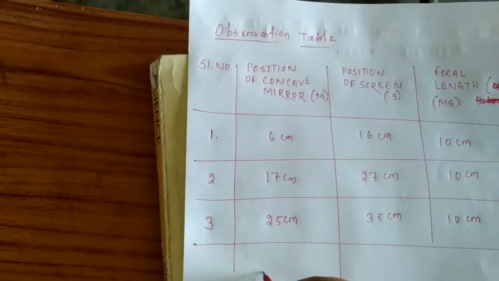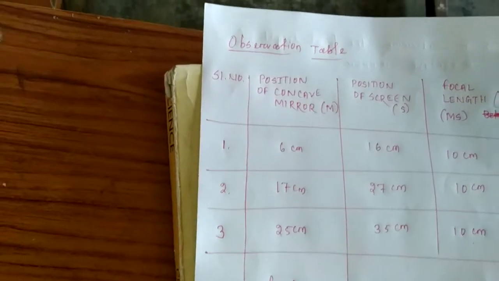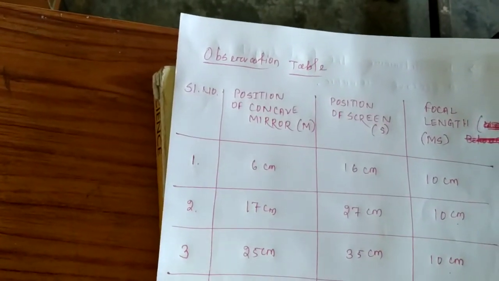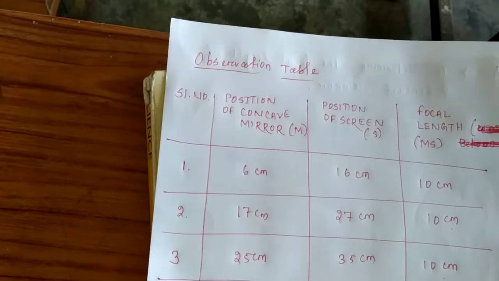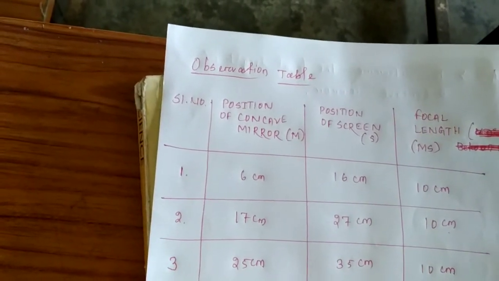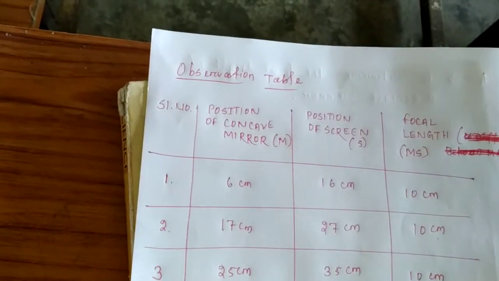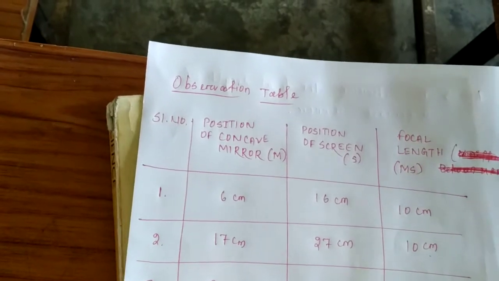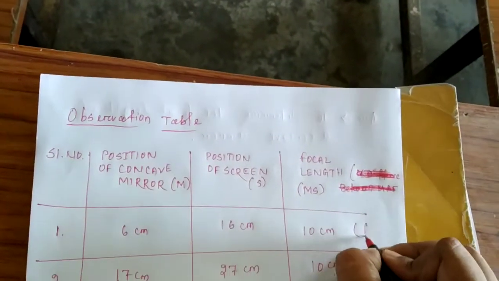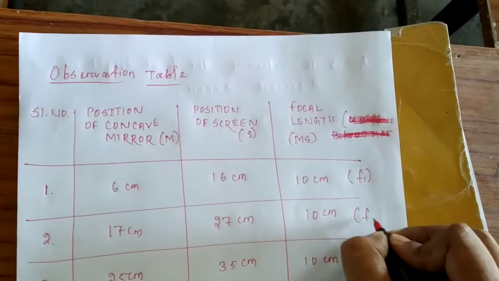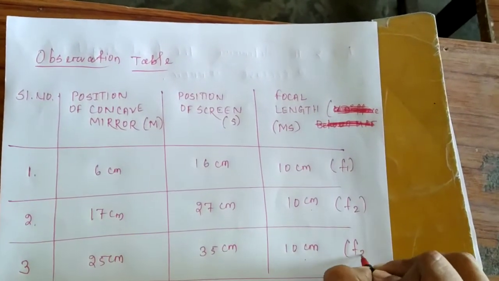So from the observation we can write the focal length of the concave mirror; let's name them F1, F2 and F3 for the 3 observations.